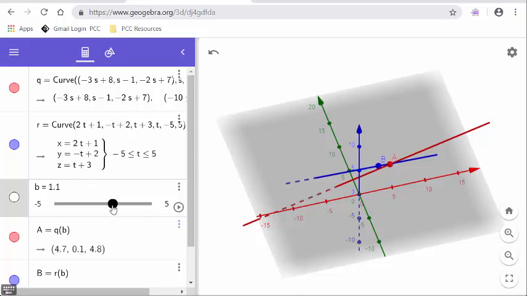As B goes to 1, so we go to 1 second, then we see that on my q curve, it's now passing through the point of intersection, but my object on the r curve is not yet there. When I go to time equals 2, now the object on curve q has passed through that point already. It's no longer there, and now the object on the r curve, point B, is there. And that is it.